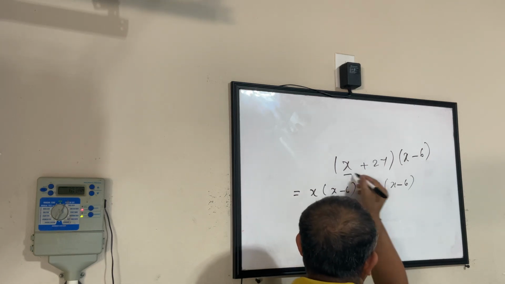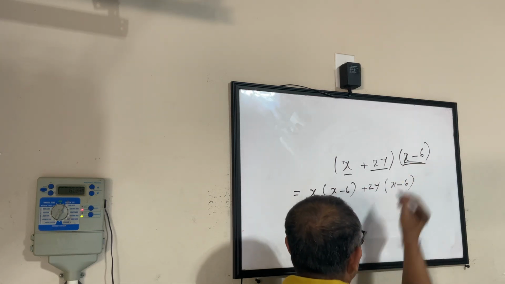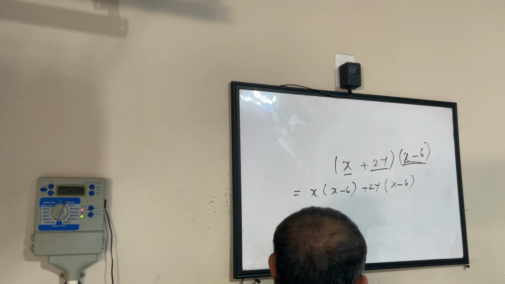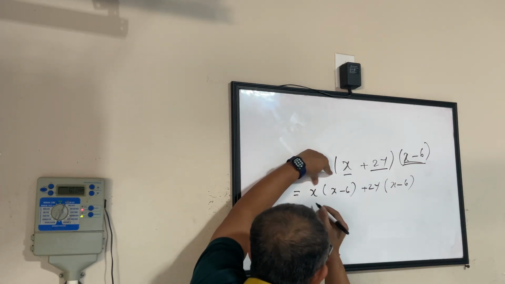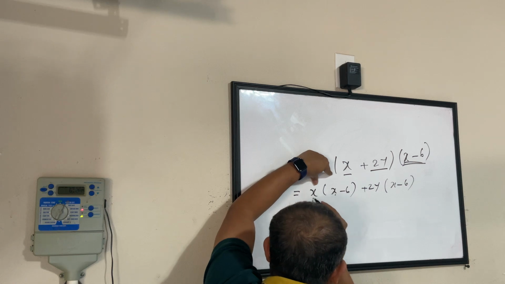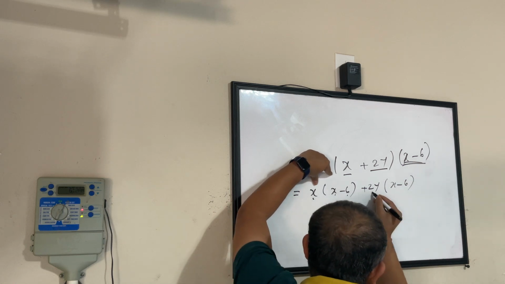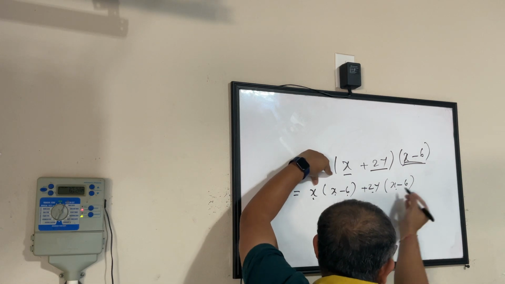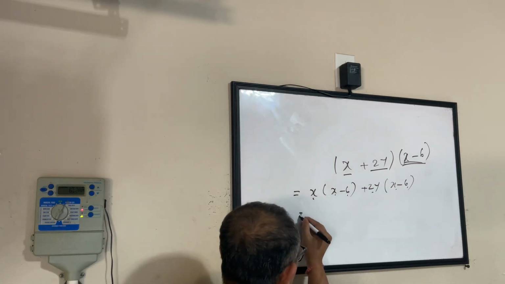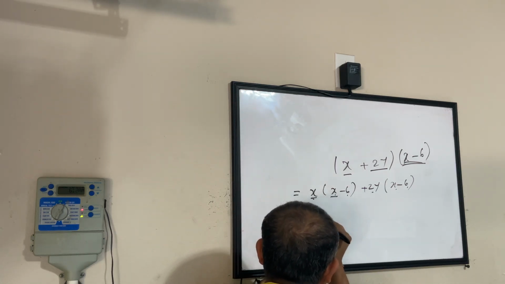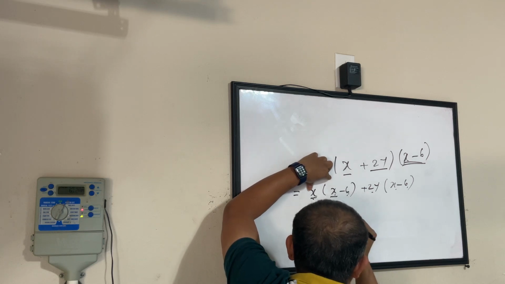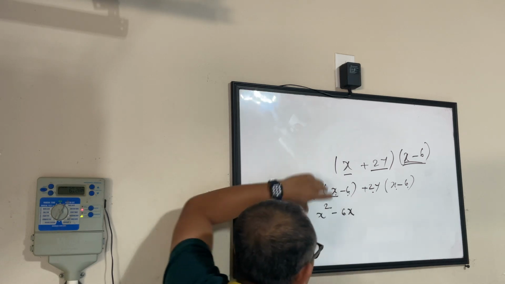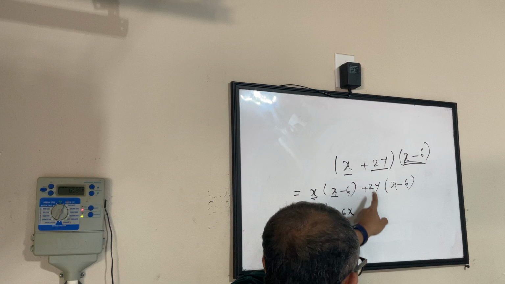So I'm saying, okay, fine, I'll do it like a baby. This into this plus this into this. I'm breaking it open. Now, again, if I have to break this, what does bracket mean? Meaning, this is multiplied by this and then this is multiplied by this. Similarly, this is multiplied by this and this is multiplied by this. That is how I will open it. So, x into x becomes x squared and then x into minus 6 becomes minus 6x. This bracket is open now. How about this guy?